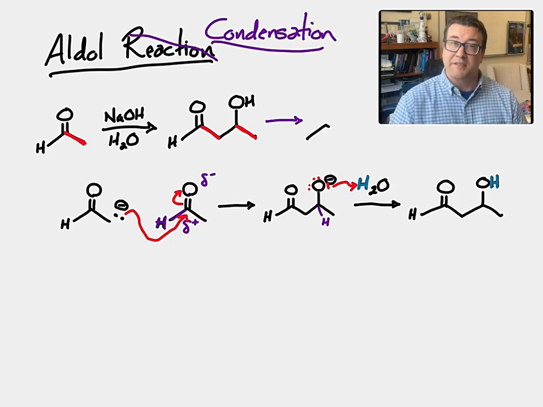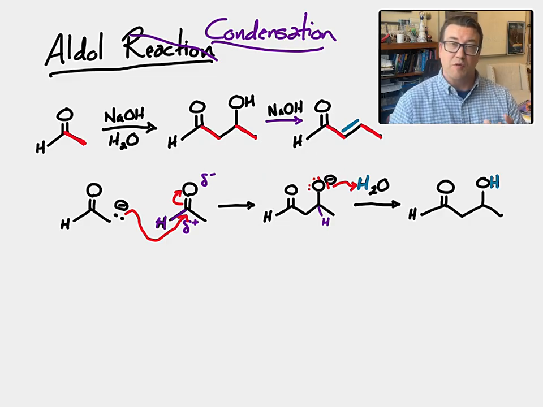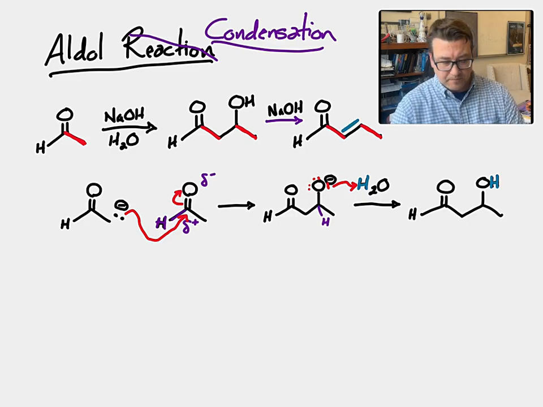Many times these reactions don't stop at the aldol reaction, but instead they do what's called an aldol condensation, and that is when the base comes back in and the molecule undergoes an elimination, so it's removing water, you're condensing water away from the material to give you now what's called an alpha-beta unsaturated carbonyl.